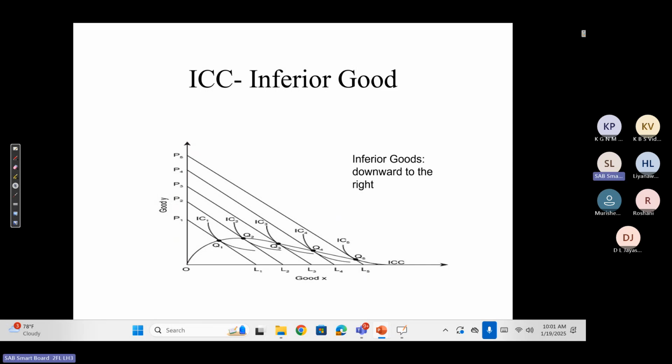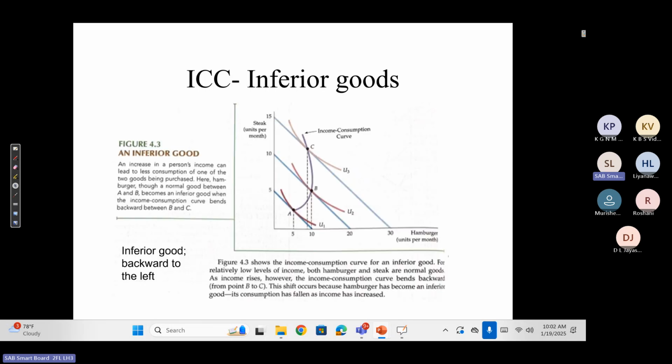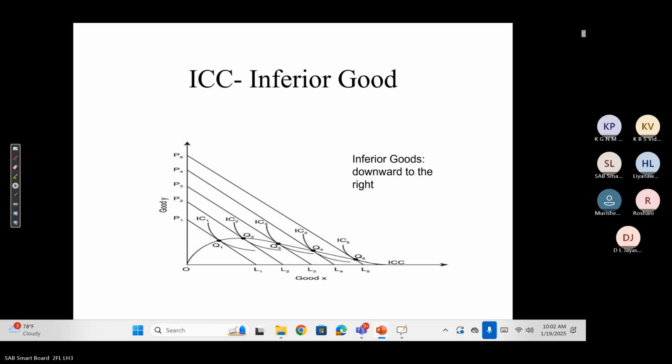Product X increased, but then product Y, now here the combination, if you take Q1 and Q2 combination, you can see from product Y and X, Y increases, X also increases. Thereafter, X tends to decrease when income increases. Initially slightly increases, then thereafter decreases, negative.